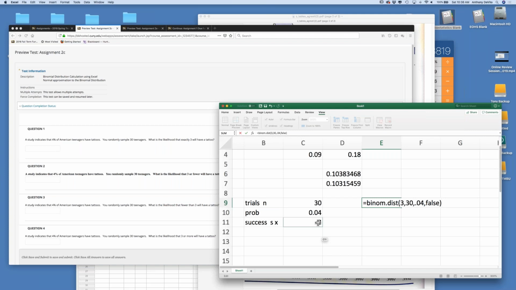There's a finite number of people in this group that are going to have that. So I'm going to say false. I'll enter, and the probability is 8.6%, or 0.086, that I will get exactly 3 out of 30 that have the tattoo.